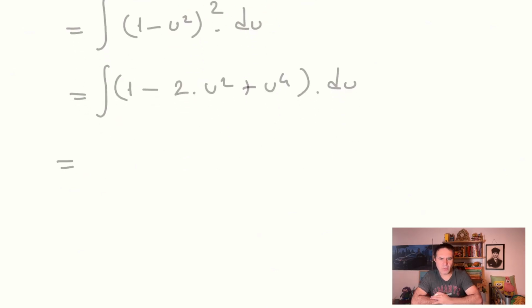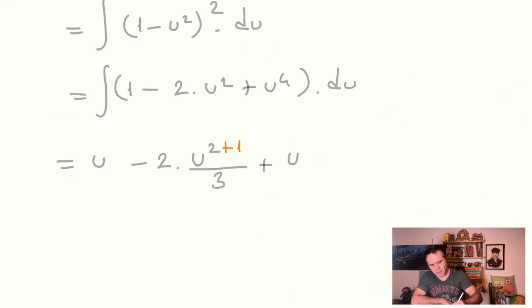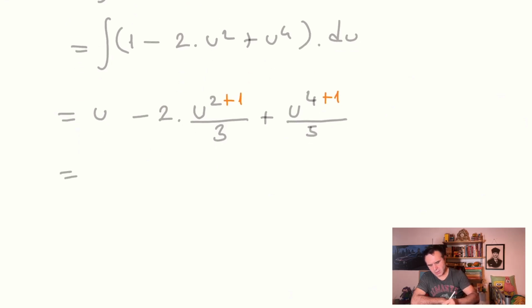The integral of 1 is u, minus 2 times the integral of u square, u to the power of 2 plus 1, then 2 plus 1 is 3, then divide by 3, plus u to the power of 4 plus 1, then divide by 4 plus 1 is 5. And the integral becomes u minus 2 over 3 times u to the power of 3 plus 1 over 5 times u to the power of 5.